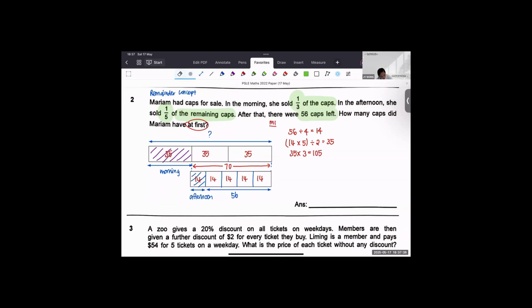Another way to do this: I'm going to clear away what I wrote here. Now look at the part where there's the remainder. It's cut into 2 parts here, and into 5 units here. Because these 2 green parts refer to the remaining number of cats, I want to find a common multiple of 5 and 2, which gives me 10 units.